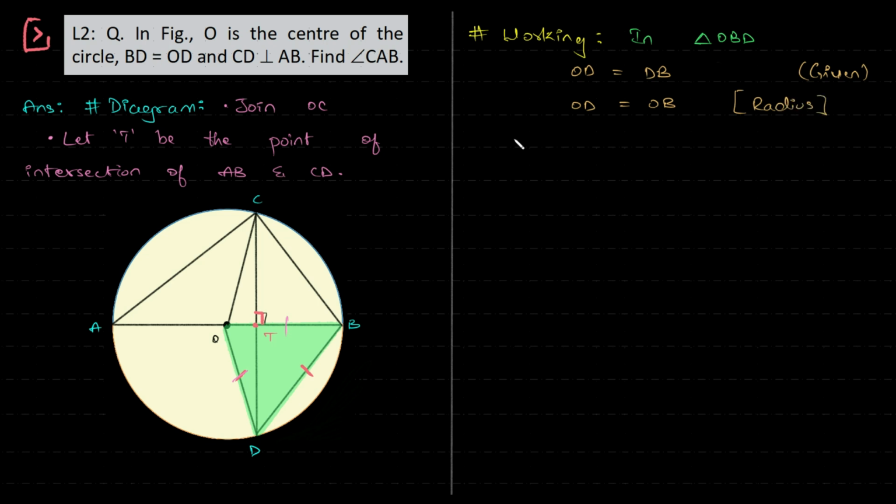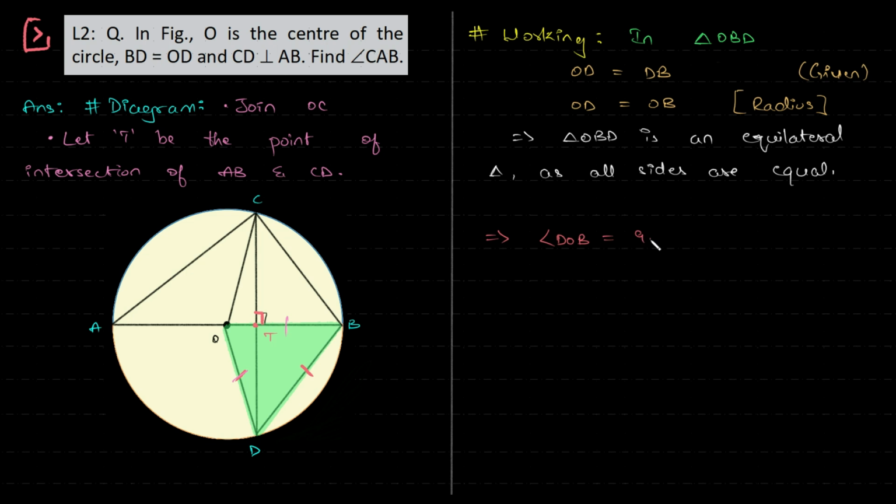This implies triangle OBD is an equilateral triangle as all sides are equal. Make sense? And now we got an angle at the center, angle DOB to be equal to 90 degrees. Not 90, sorry, 60 degrees.